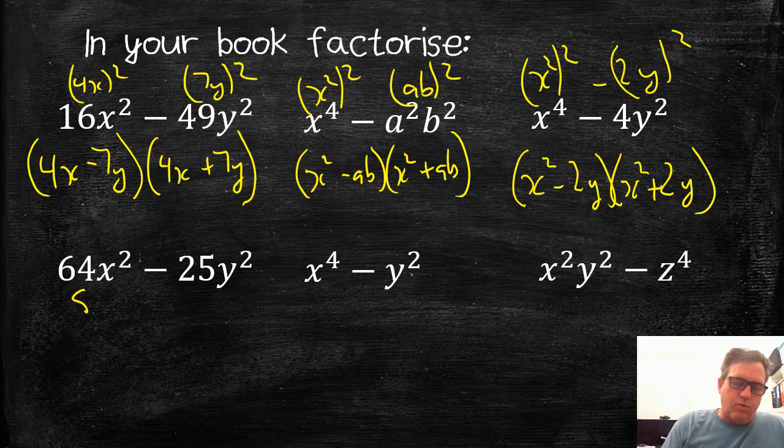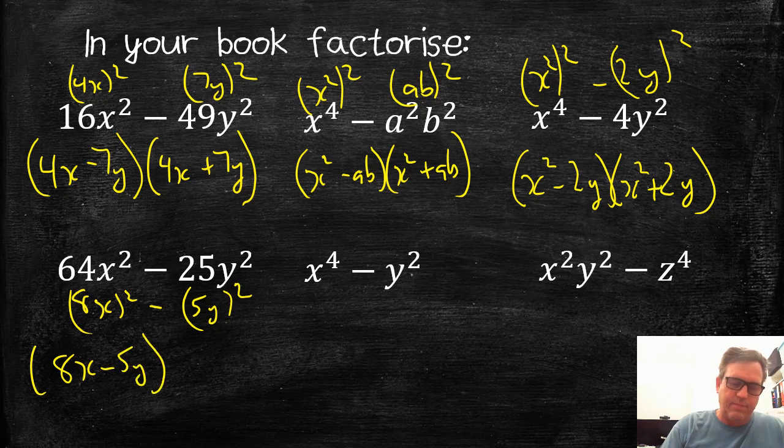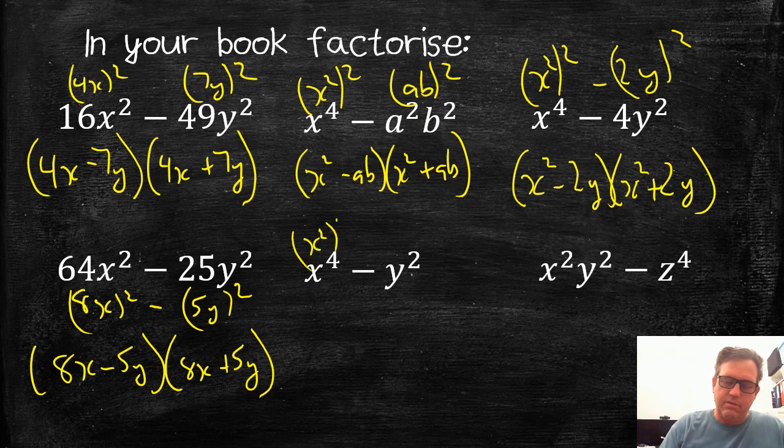This is 64x squared, which is (8x) squared, minus (5y) squared. So factorize: (8x minus 5y) times (8x plus 5y). This is going to be (x squared) squared minus y squared.